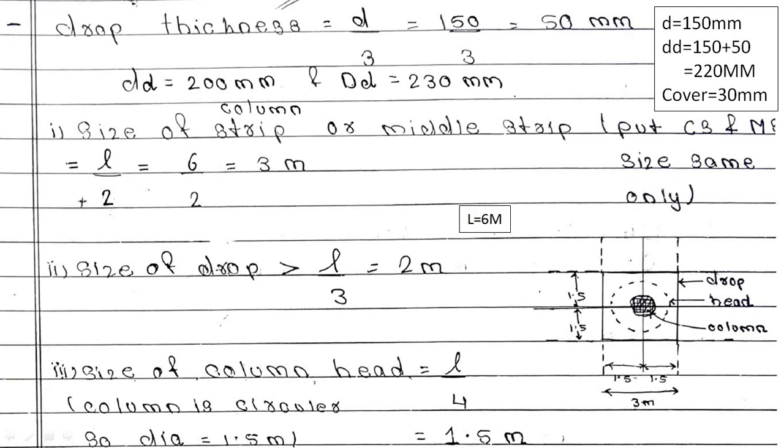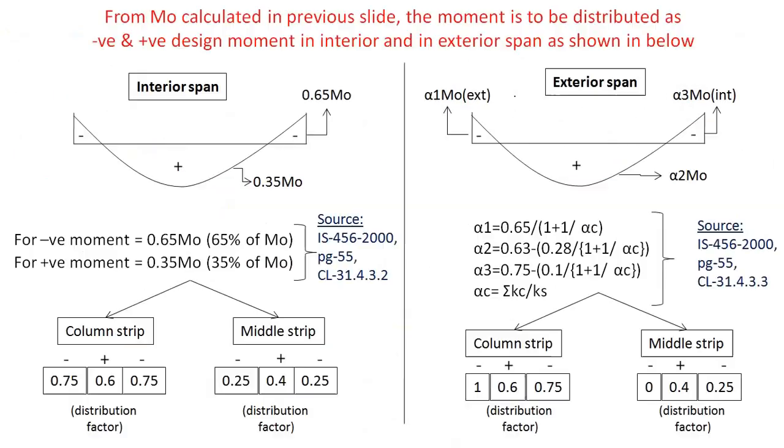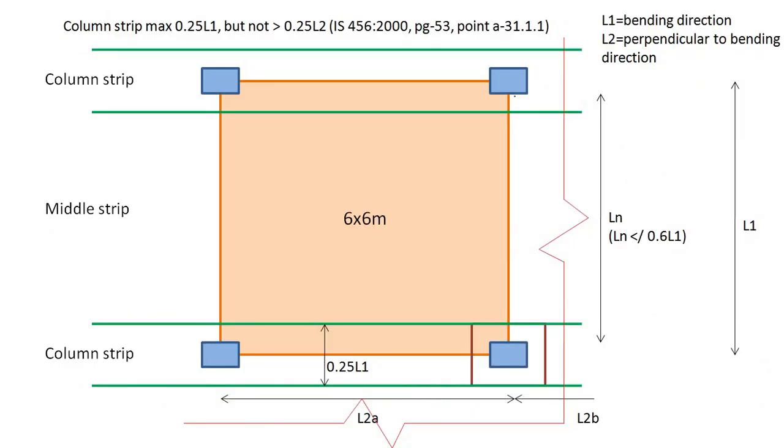So the size of column strip will be 3 meters, as well as the size of middle strip. I will show how. Sorry, this will be 3 meters, this will be 1.5, and this will be 1.5.